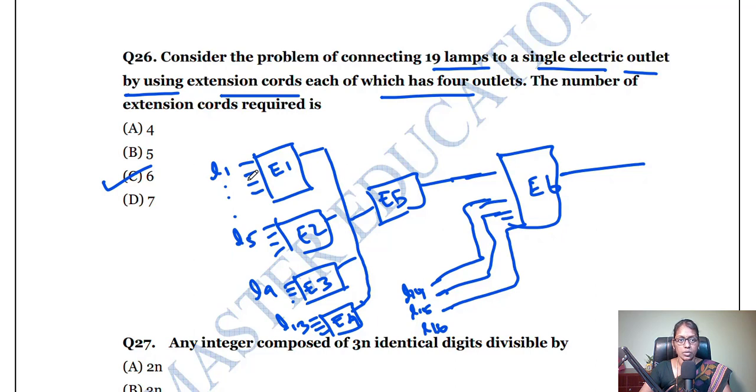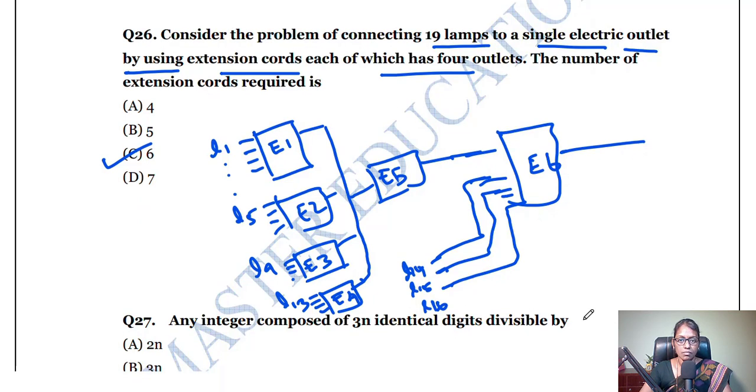That is the question. I connect the first 4 lines, then the next 4, then 4, then 4, and 3 more lines are there. They are asking for the minimum extension cords. So 6 extension cords are required to connect all these 19 lamps.